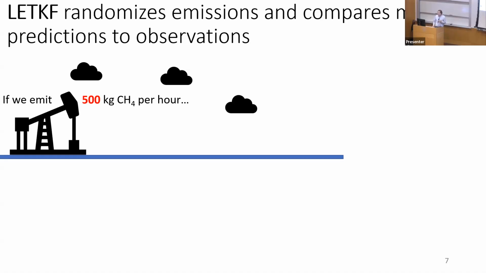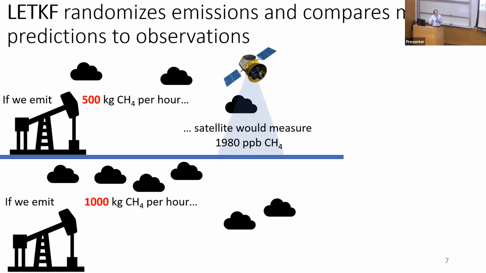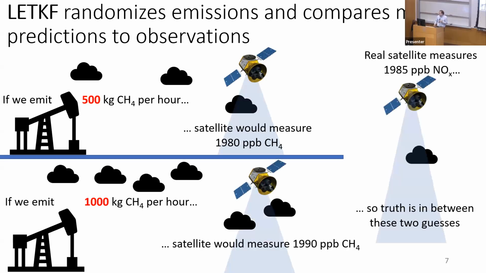And you can say, oh, if we're emitting so much methane from this oil and gas area, the satellite should observe this much methane column concentrations. You can find that out with GEOS-Chem. Meanwhile, if you were to emit twice as much, maybe you'd observe a little bit higher column concentrations. And if you actually observe something in the middle, you think that maybe the emission source would be in the middle of these guesses. Ensemble Kalman filtering is sort of a very grand Bayesian formalization of this sort of guessing and checking.